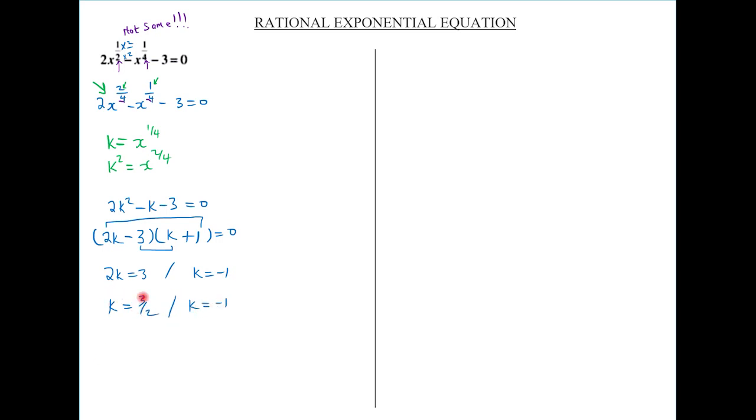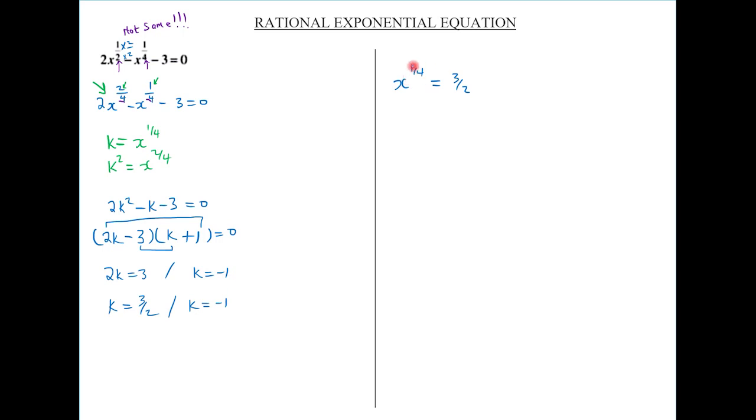Now we're done here. No, we need to take it back to what? To x. So remember, k was x to the power of 1 over 4, yes. This is equal to 3 over 2, right? So I want to focus with this one first. So on this one, once we have something like this, we're going to take this and make it x, right?